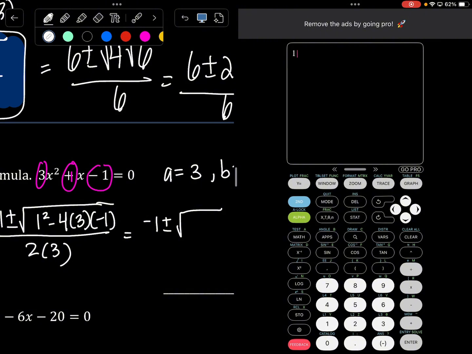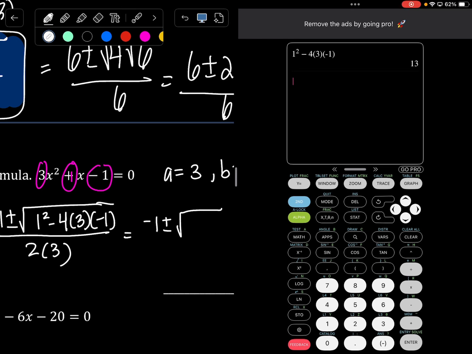I do 1 squared minus 4 times 3 times negative 1. Do you guys see what I did there? Oh, sorry, syntax error. So let me see if I can do this. 1 squared. This might happen to you as well. Minus 4 times 3 times negative 1. There you go. 13.